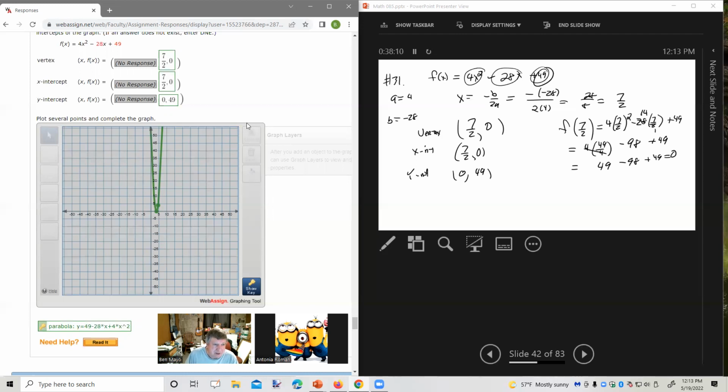And as your second point, you can't use the x-intercept because it's the same point, but you can use 0, 49. So you'd plot your vertex, then 0, 49, and correct your points, because when you graph not on a nice number, the WebAssign tends to move the point to a nice number, and so you have to come over here and fix it. Does that make sense? Yes.